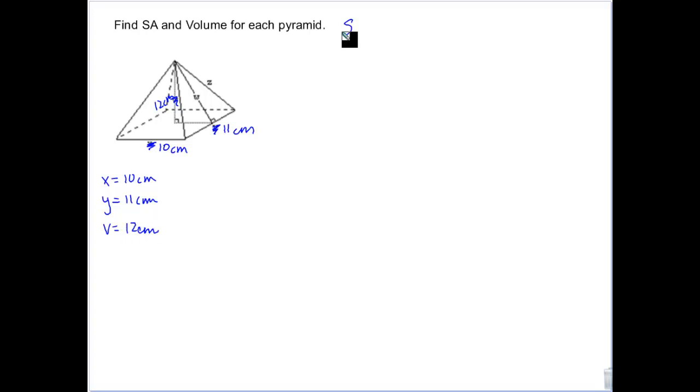First we'll find the surface area, which is 1/2 perimeter times slant height plus the area of the base. Our perimeter is a rectangle. We know 2 of the sides, so we can easily find the perimeter by adding them all up. So we would have 10 plus 11 plus 10 plus 11. So our perimeter here would be 42.